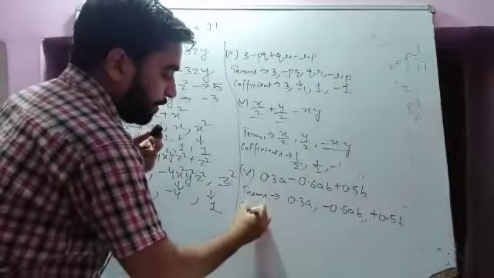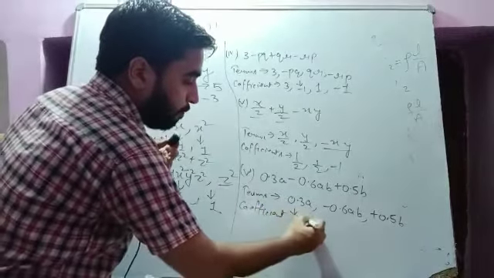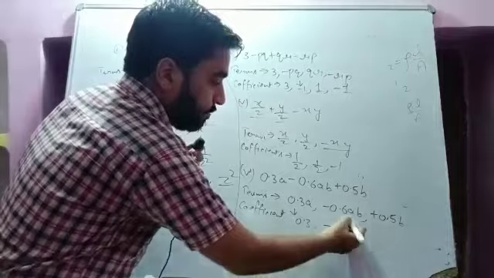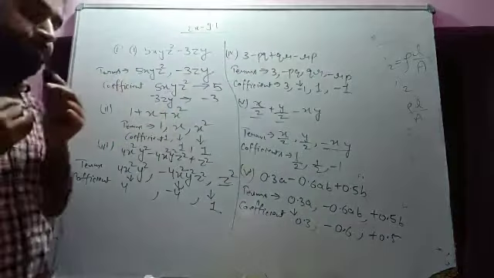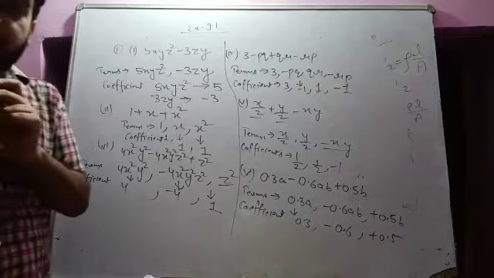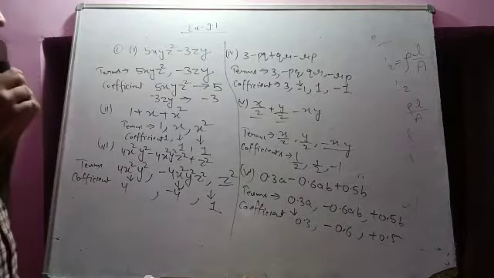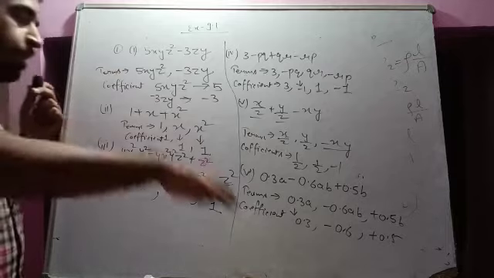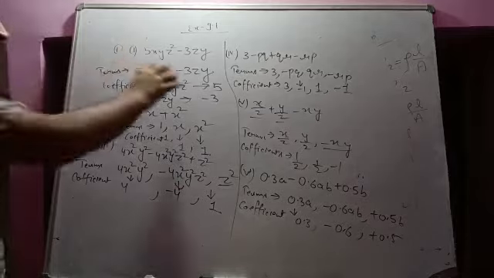And what are the coefficients? For 0.3a, it's 0.3, it's minus 0.6 for the second one, it's plus 0.5 for the other one. I hope you understood this. So question number 1 is completed, and let us go for the second question. I hope you have written it as well. So I am erasing it all.